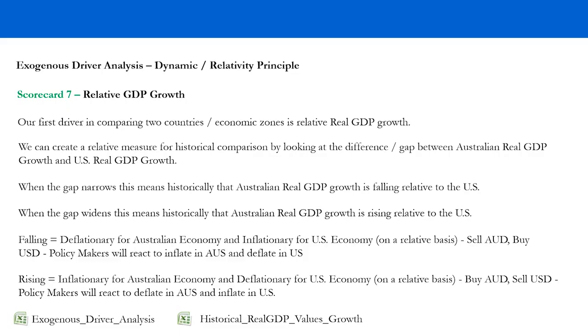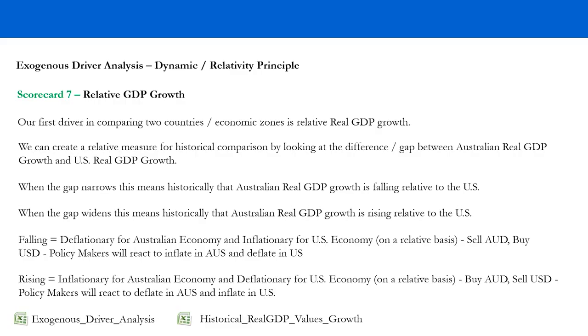So we get a value on the currency in its entirety in absolute terms. But when comparing two countries against each other, what we want to do is measure the relativity, or the relative growth of the two economies and the speed at which they're growing relative to each other.